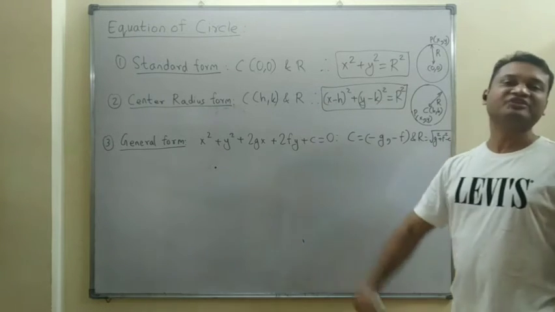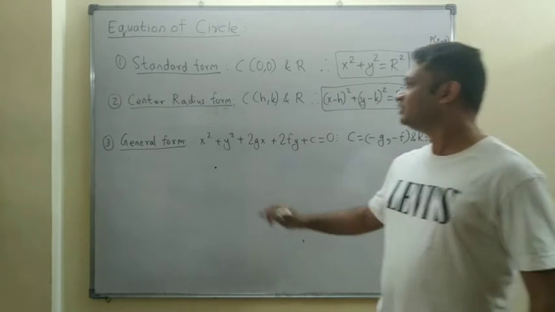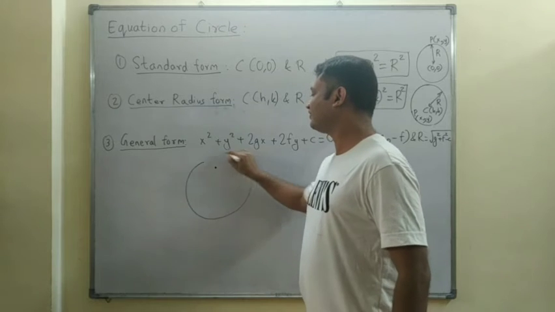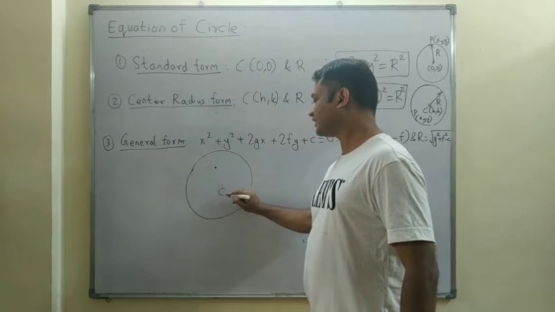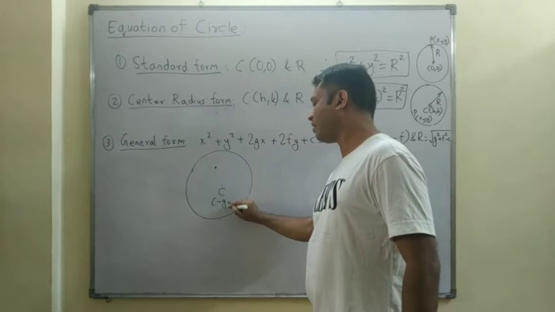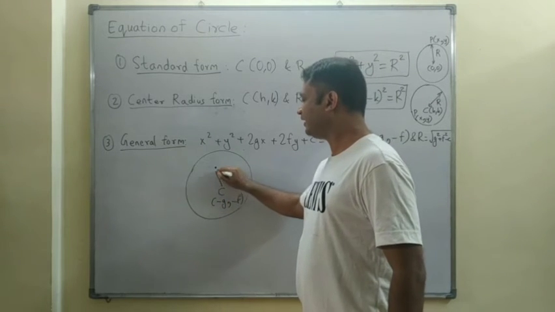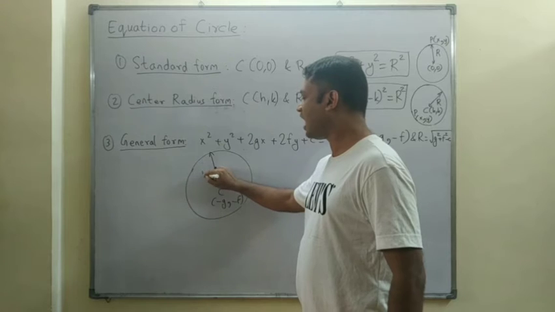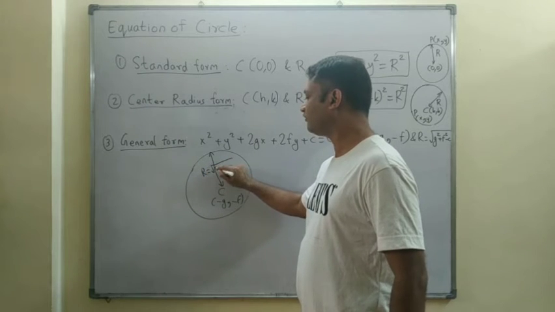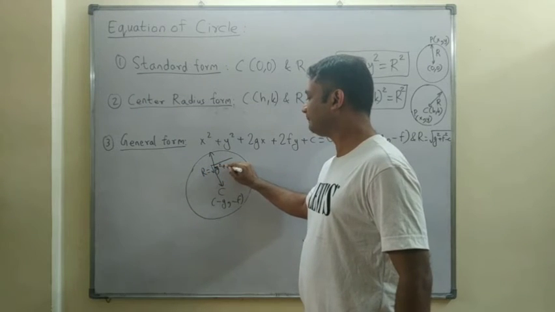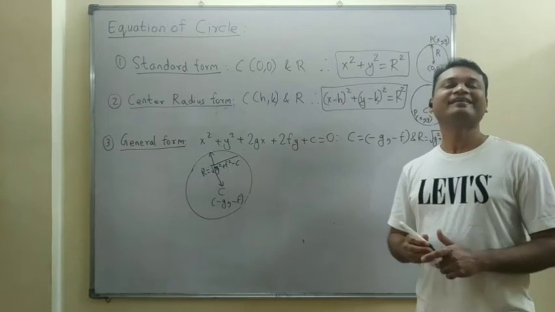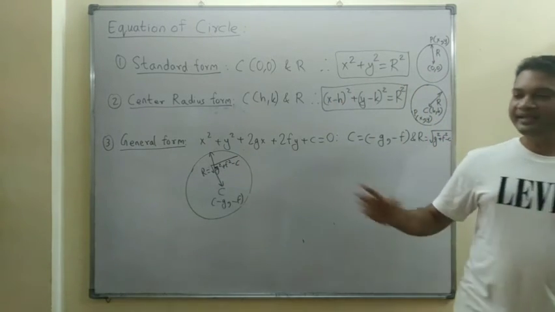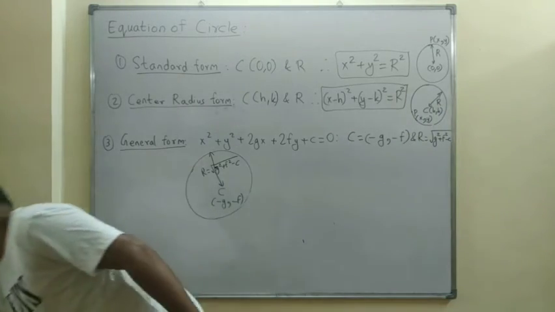So this is the general equation of circle, and we can show it like this. This is a circle. The center is (−g, −f), and the radius r = √(g² + f² − c). So these are the three equations of circle which we derived.